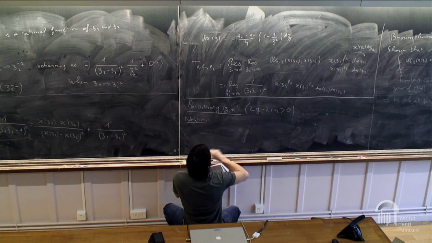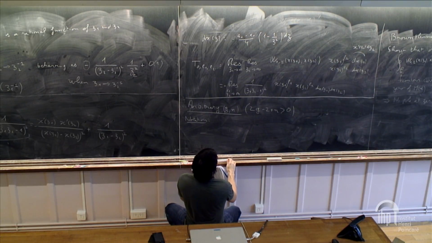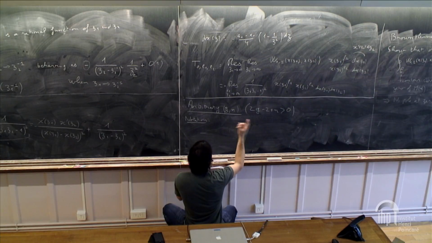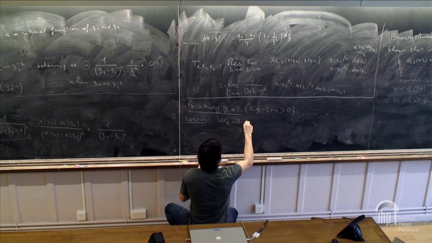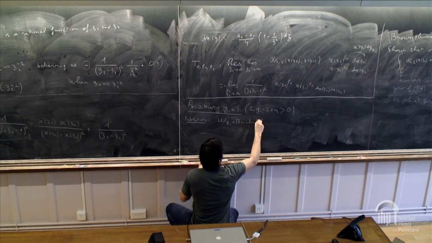As I told you, the important object is actually omega, a differential form. And I will call omega gn of z1 to zn the following object.